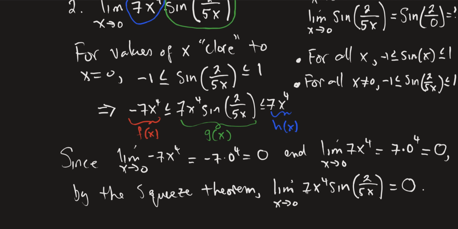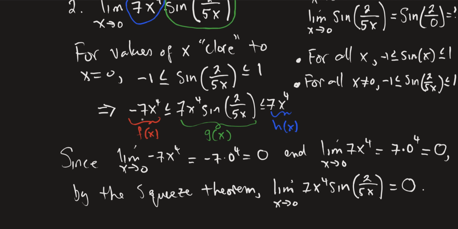Those two examples illustrate the types of problems that we typically apply the squeeze theorem to. Either you're given an inequality, which is a little bit easier, or the typical inequalities that you're expected to use involve knowing that the sine function and the cosine function always oscillate between plus or minus 1.